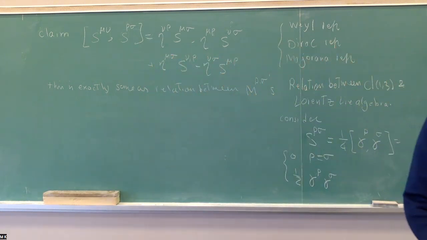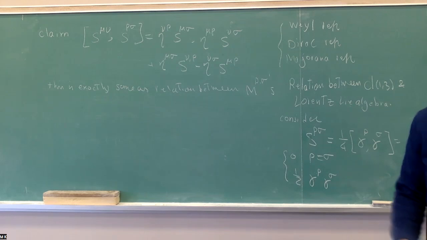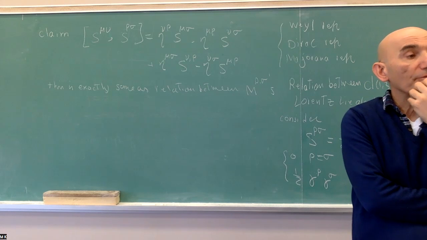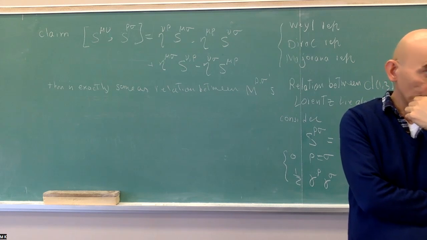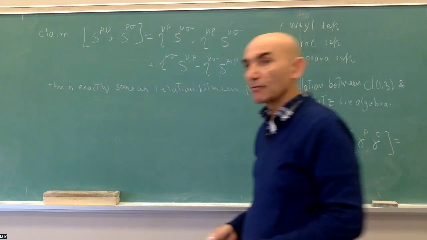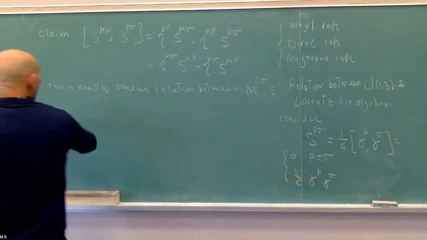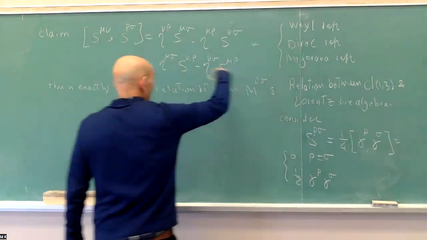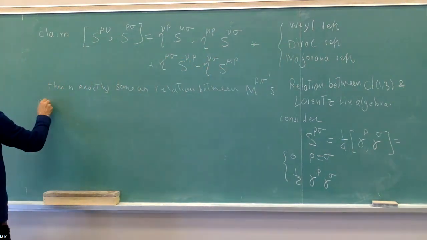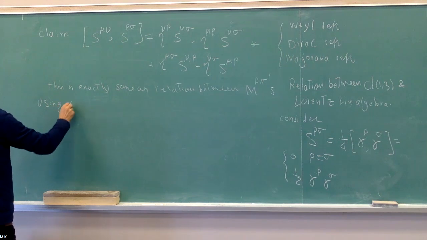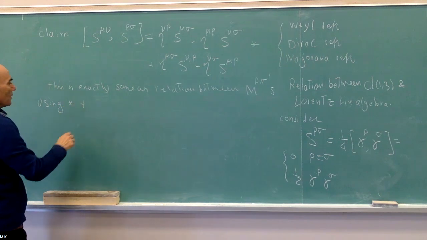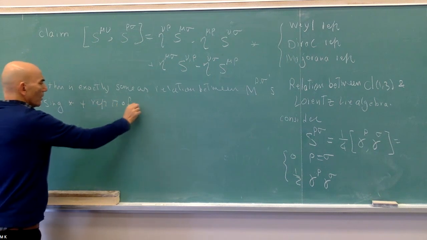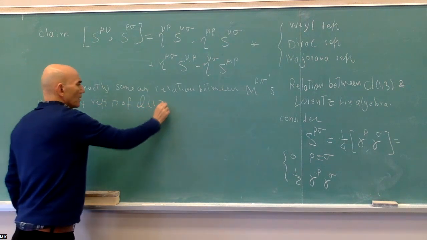Okay. So now what can we do? Well, now we have got a representation of the Lorentz group. Right? So let's call this S star now, and everything that we'll be using S star plus representation pi of CL13.